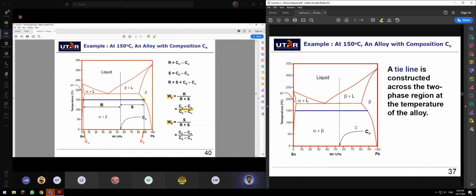If you want to find the weight percentage of alpha, this is not L, this is alpha. You take S, which is the composition of beta minus your original composition, divided by composition of beta minus C alpha.